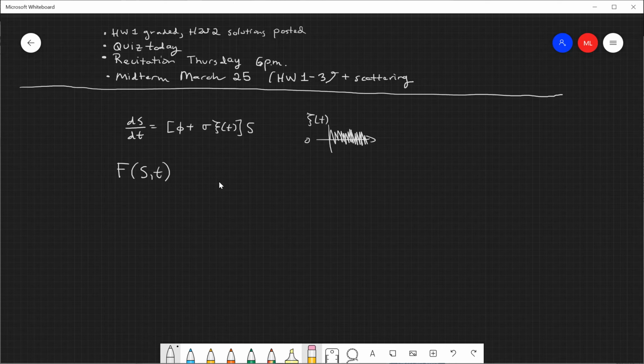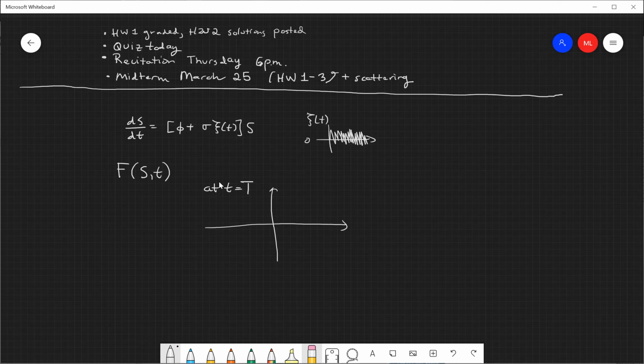So you have to either use the option to buy or sell, or it just expires and the contract goes away. And so at the strike time, the function looks like this.